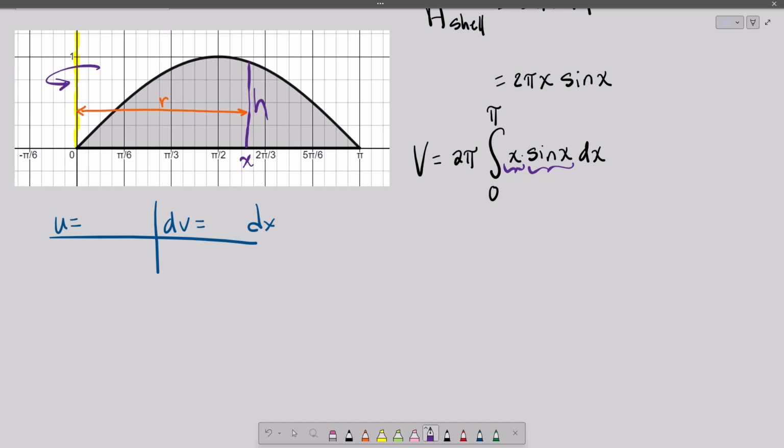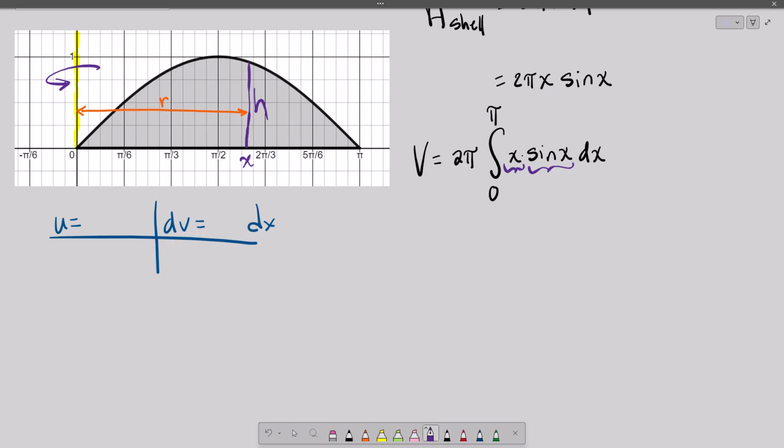So a couple of guiding principles. Pick the biggest piece that you can easily integrate and put it with dv. Now sine is more complicated and easily integrable than x, so that guiding principle would put sine over here. Another guiding principle is that if you put the power of x with the u, the power goes down. That would put the x here.